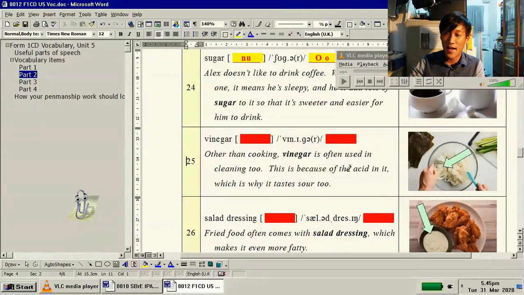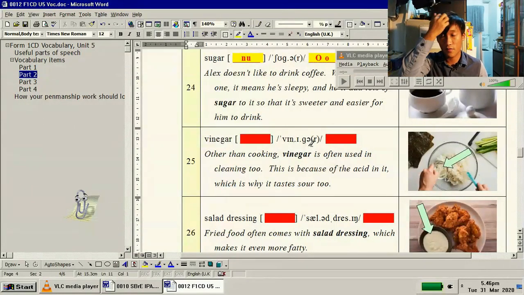This is because of the acid in it. Acid has a sour taste, and it can also clean things because it is quite strong. It is sour. The acid in it. So it is used in cleaning. I'm not sure if you have tried to use vinegar in cleaning. For example, your clothes.